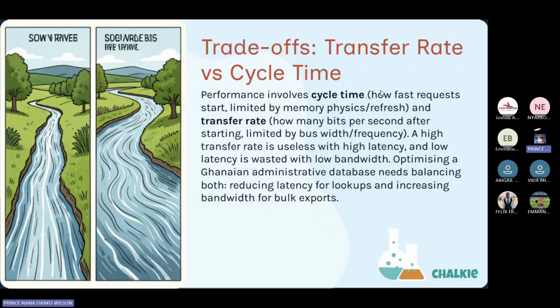When you are moving data in big amounts, you increase bandwidth so that more data can pass at a time. If you are doing simple searches for names, you reduce latency. But reducing latency often means narrowing the channels through which data is transported, so that is where the trade-off comes in.